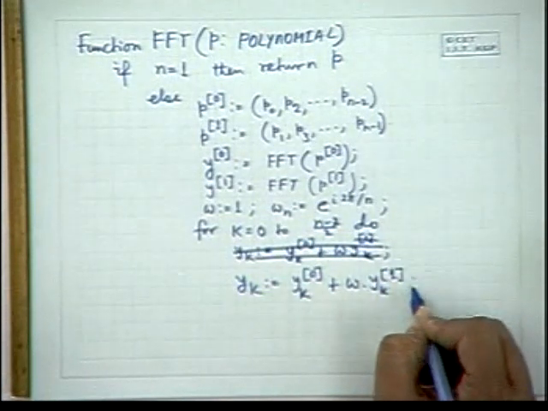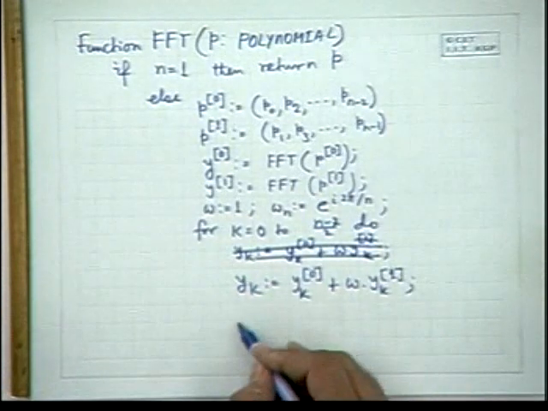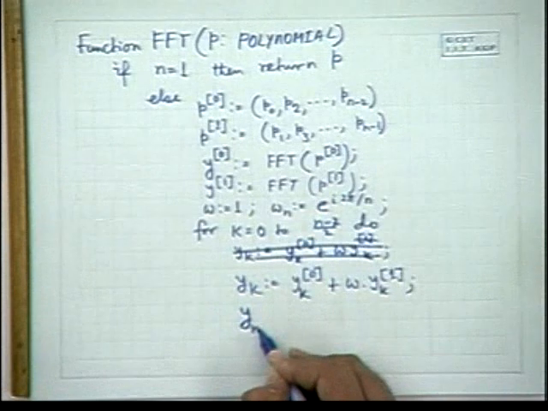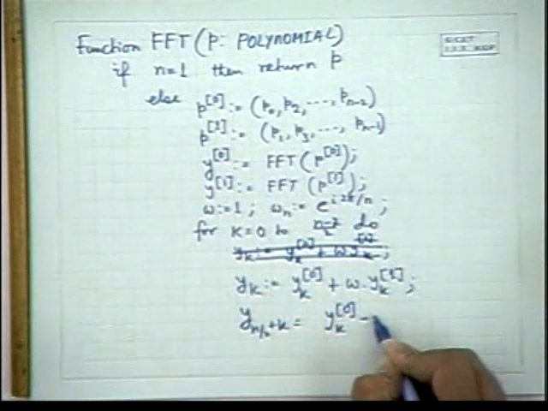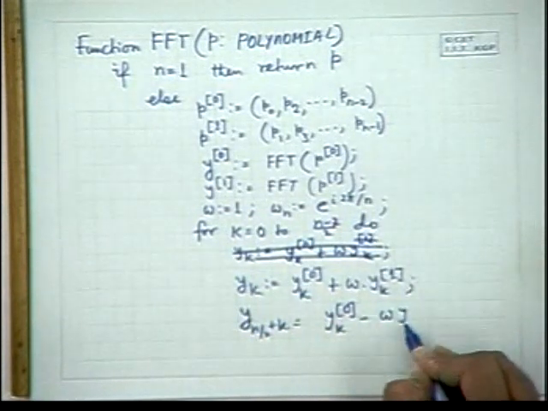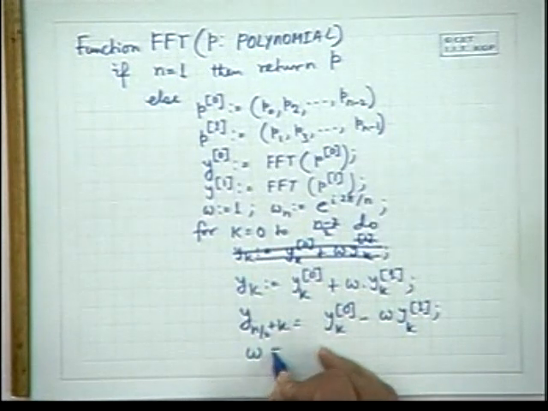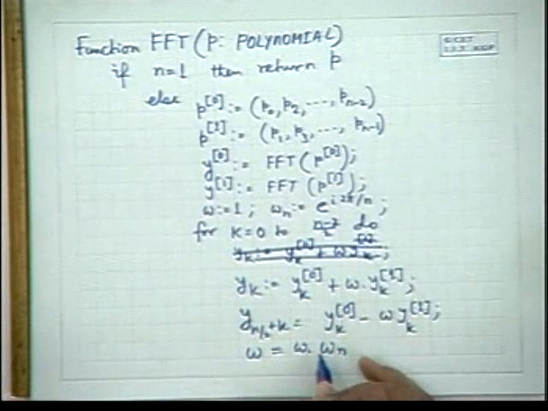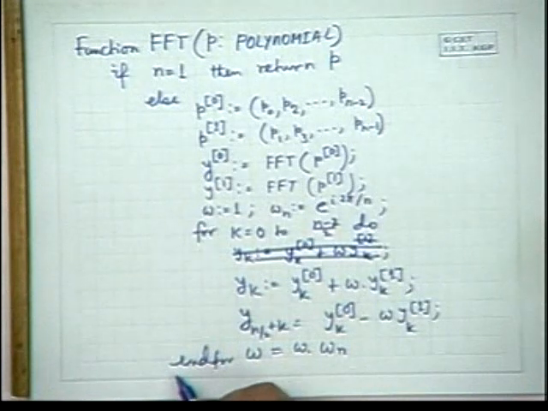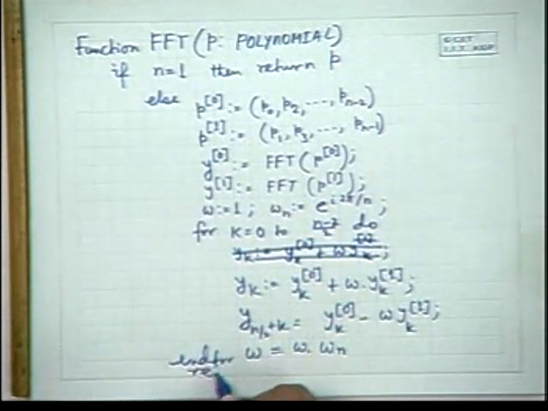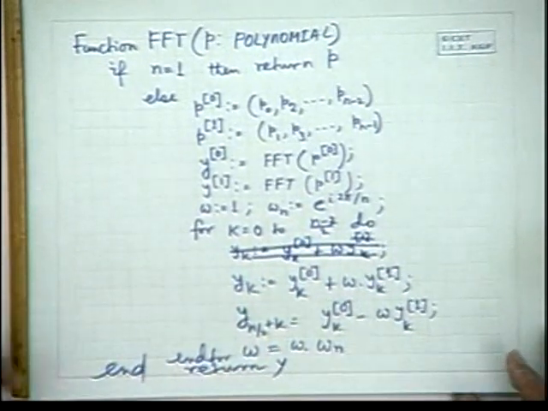This is the first formula, if you remember. Let me first write it, then I will explain. Then y at n over 2 plus k is yk0 minus w yk1. And here w is equal to w times wn. And for the last step, I don't have much space, but return y once you are done, and end. This is the entire algorithm.